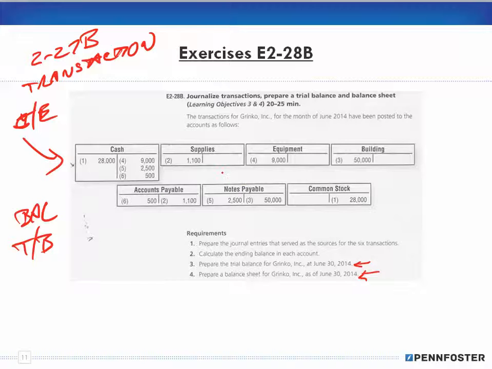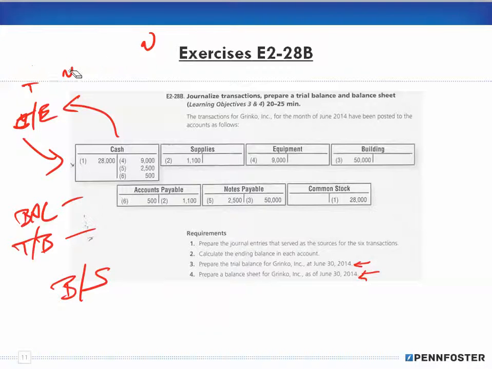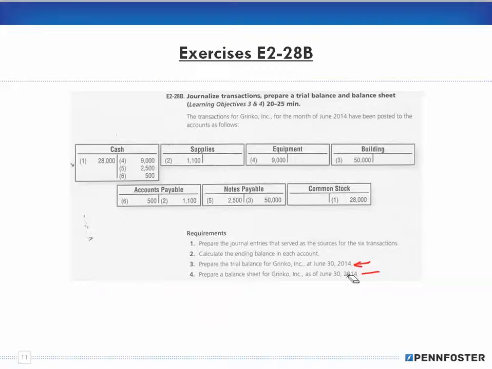The difference between that exercise and this exercise is we're actually going in the opposite direction. All of the entries have been posted, but now we need to figure out what those journal entries were. And then once we have that, we're going to create a balance. We're going to create the trial balance, but in addition to that, we need to create the balance sheet. So that's the difference between 27 and 28 here. We have to work backwards.